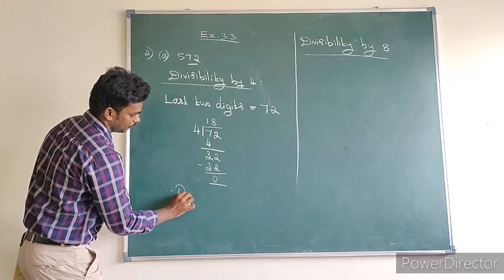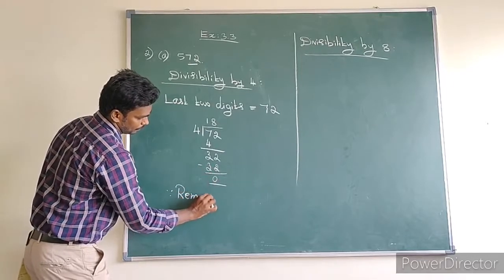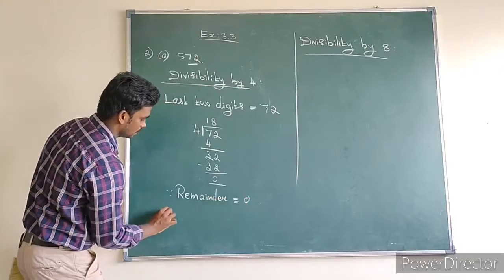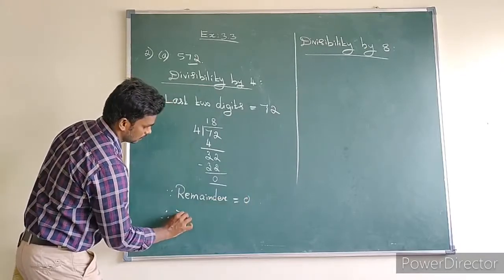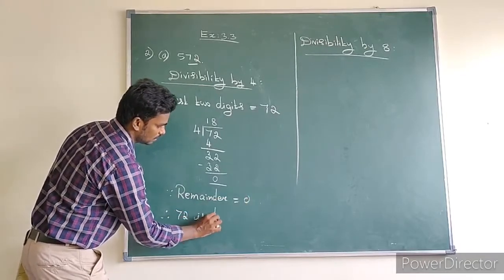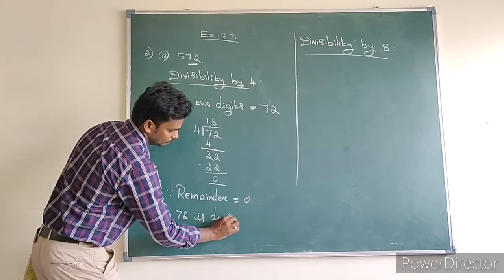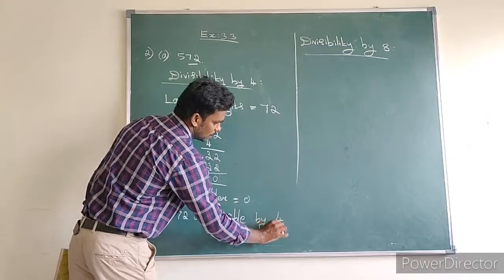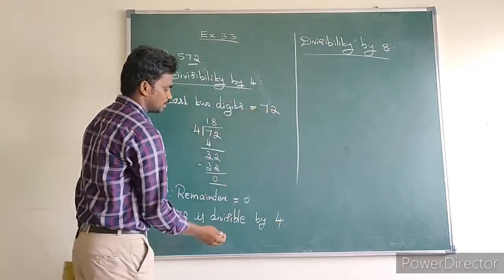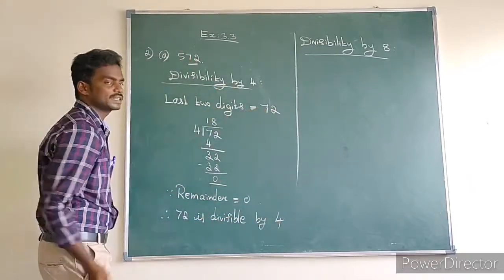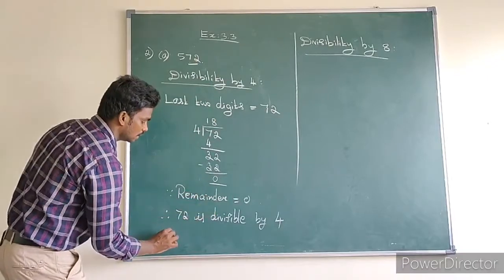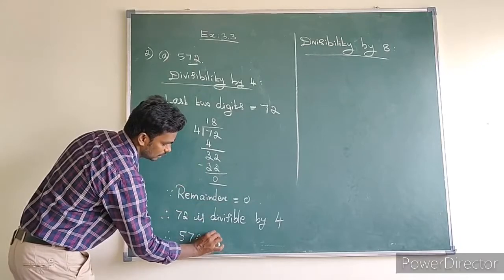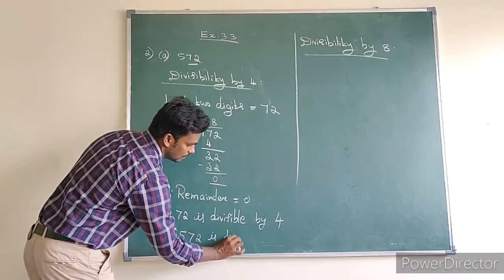Since the remainder equals 0, therefore 72 is divisible by 4. So the last two digits 72 are divisible by 4, which means the full number 572 is also divisible by 4. Therefore 572 is divisible by 4.